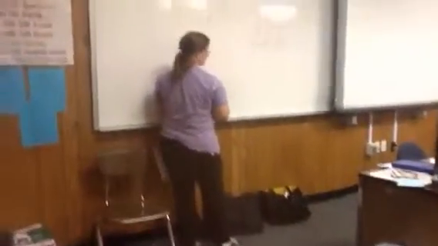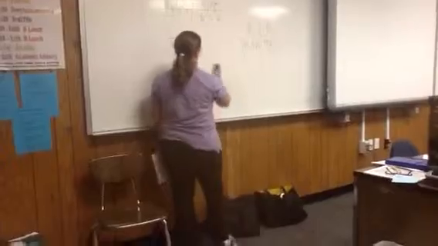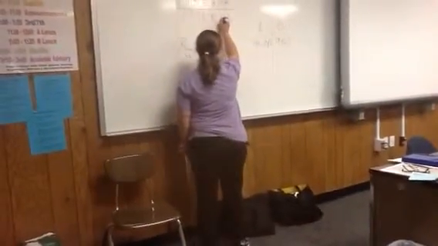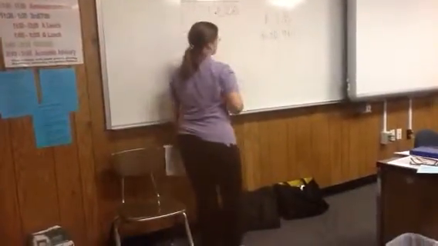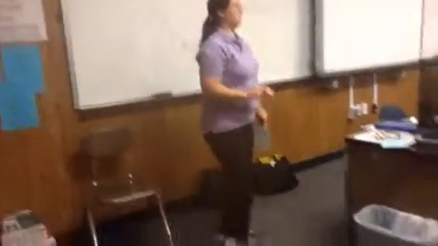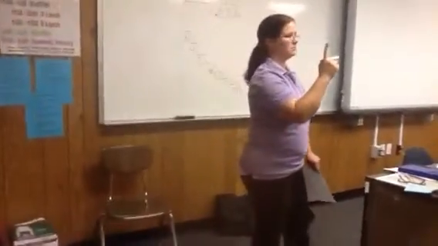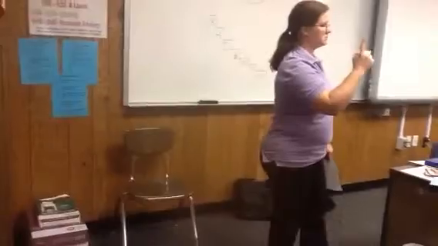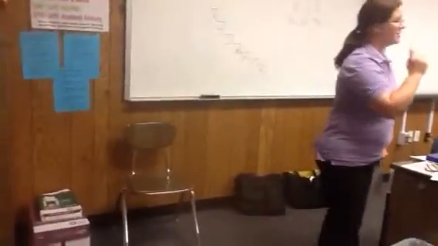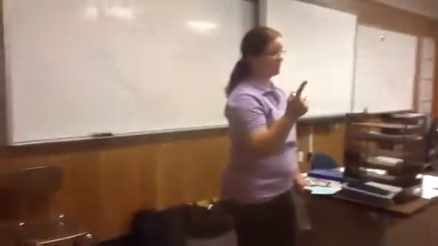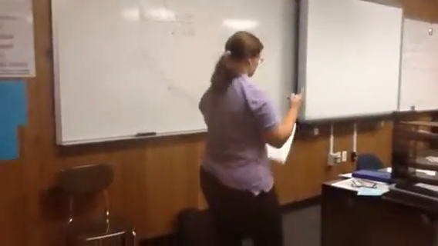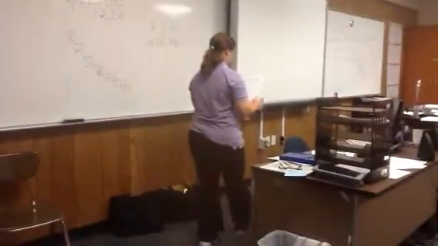So how many am I going up? 3. Okay? So I'm going to go 1, 2, 3. So how many grams do I have? 1 gram. Alright? I have 1,000 milligrams, but I have 1 gram. Okay?